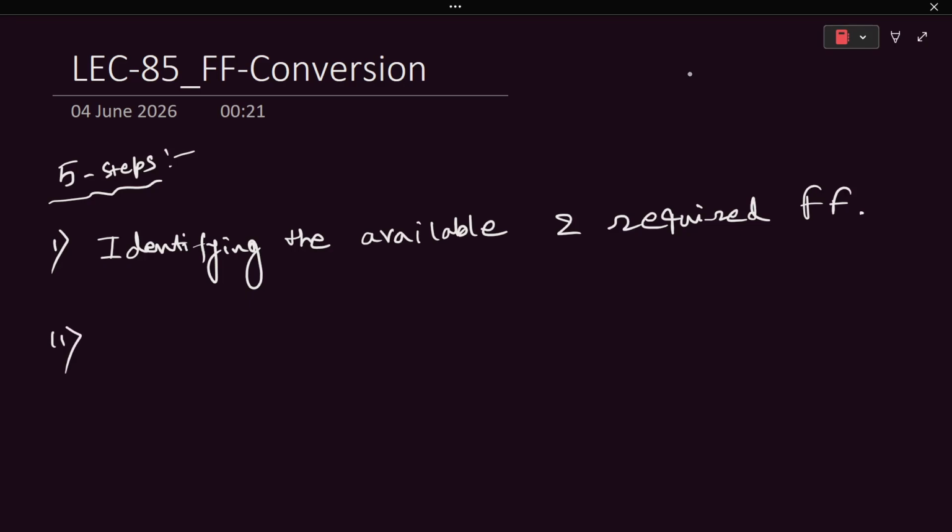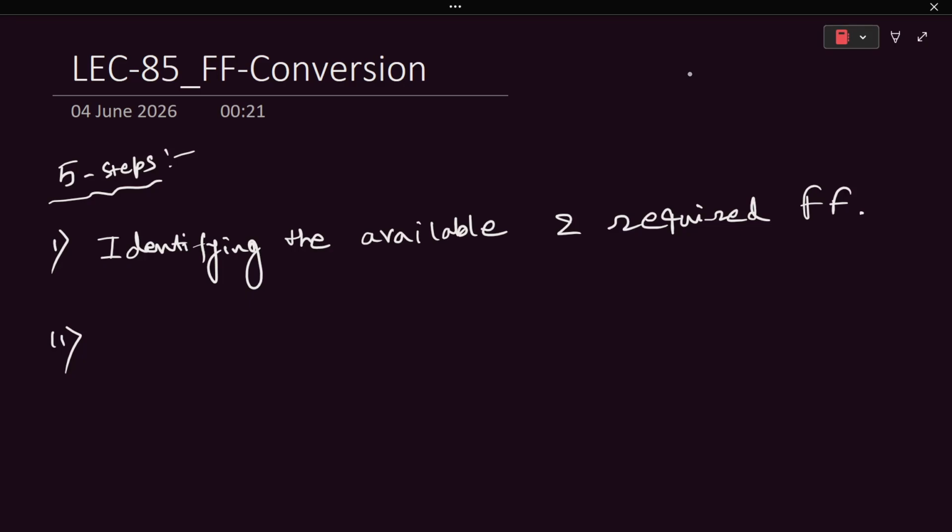The second point: we have already identified the available flip-flop and the flip-flop we need to build, that is the required flip-flop. After identifying, we need to write the characteristics table of the required flip-flop.